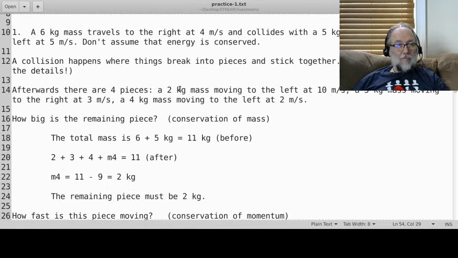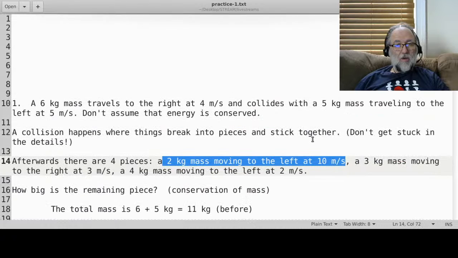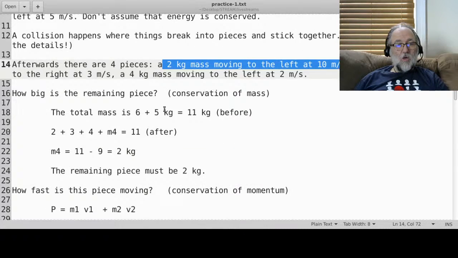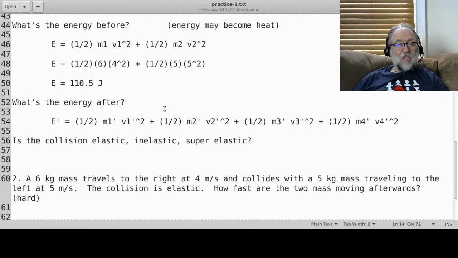That would be this 2 kilogram mass right here, moving at 10 meters per second to the left. Now left is negative, but again, when we substitute, we can just drop that negative sign because it'll be v1 prime squared, and negative 10 squared is the same thing. It's equal to 100. So structurally each term is the same, 1/2 mv squared, but there are four of them. There's the first piece, the second piece, the third piece, and the fourth piece.